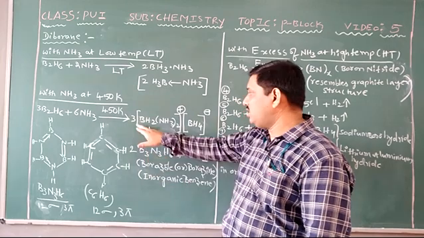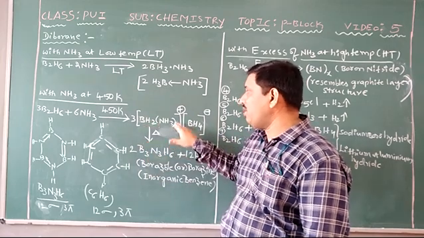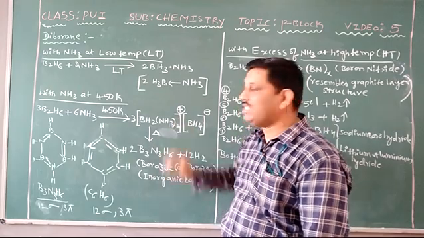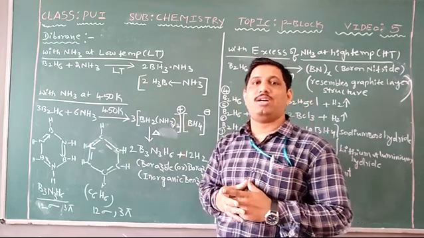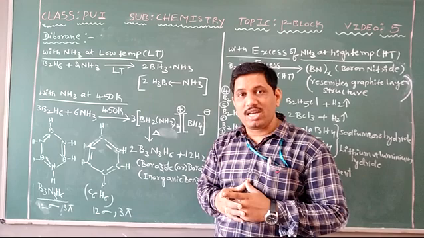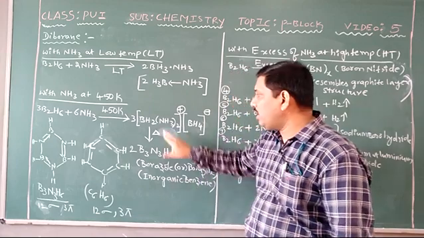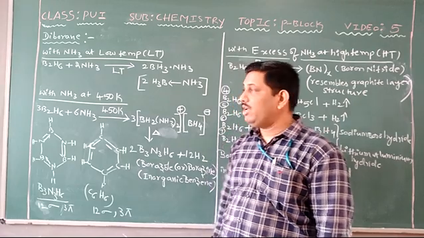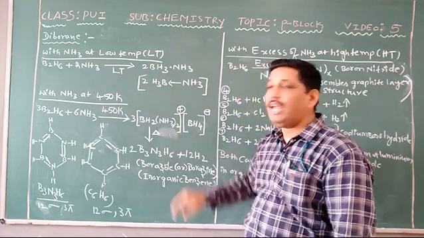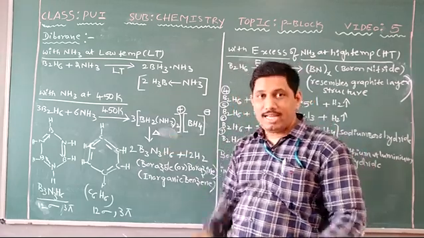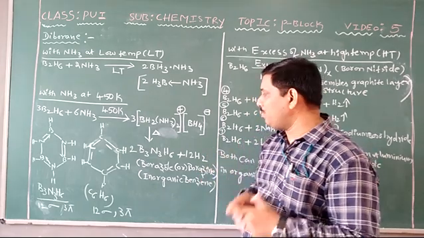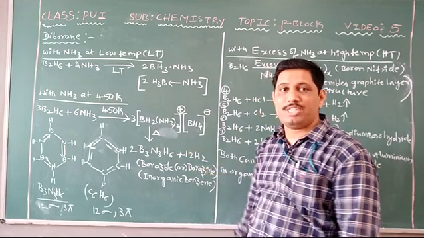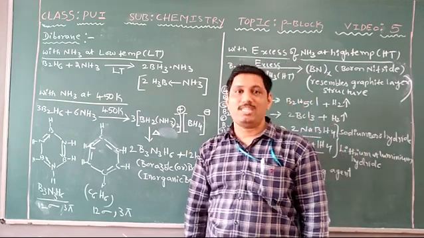It can give 3[BH2(NH3)2]+[BH4]-, which is an additional product or adduct, known as diammoniate of diborane. Which, on further heating, gives a very interesting compound, B3N3H6 plus hydrogen.